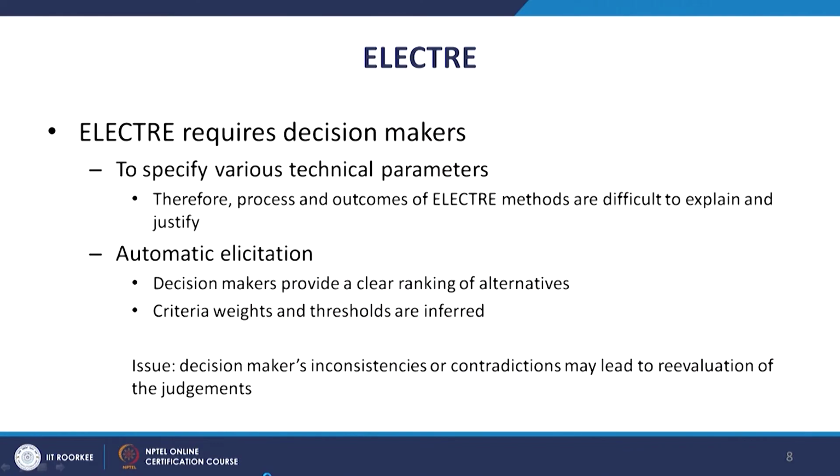However, because these technical parameters are specified by decision makers, we typically depend on their perceptions while specifying them. Therefore, it becomes difficult to explain the ELECTRE process and outcomes, and justification also becomes slightly difficult.